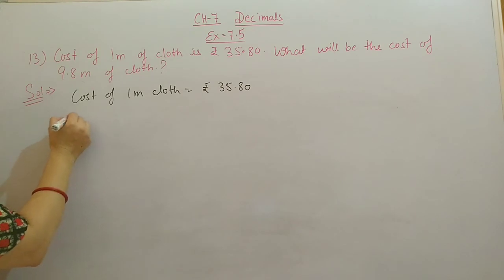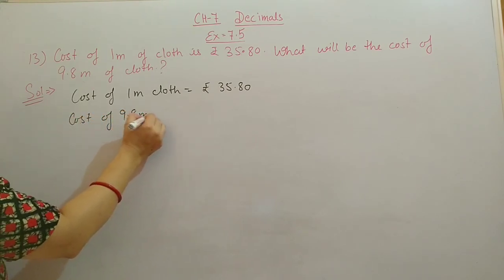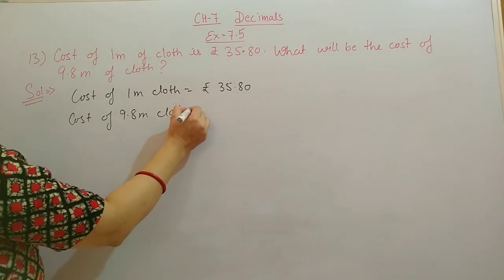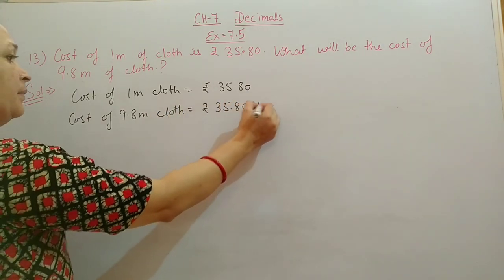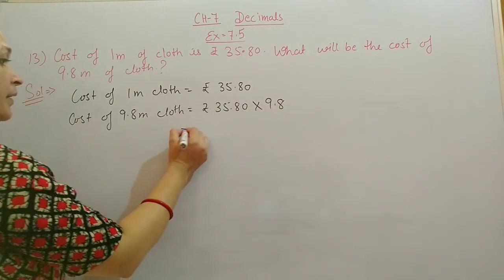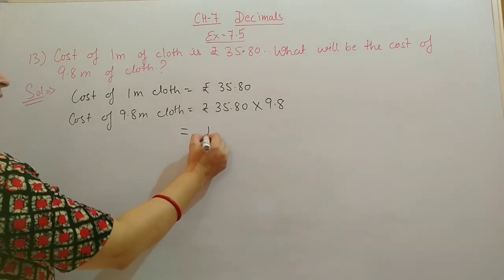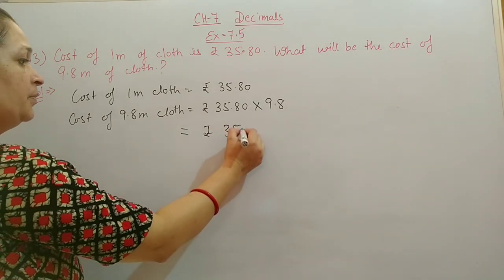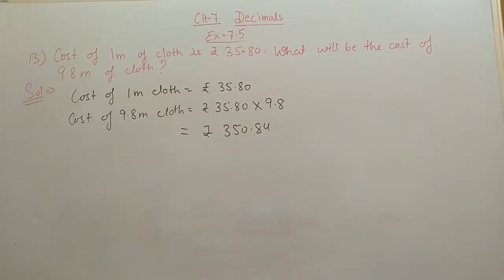So cost of 9.8 meter cloth will be 35 rupees 80 paise multiplied by 9.8. Do the multiplication. After that you will get the answer 350 rupees 84 paise. You have to show your multiplication also side by side.